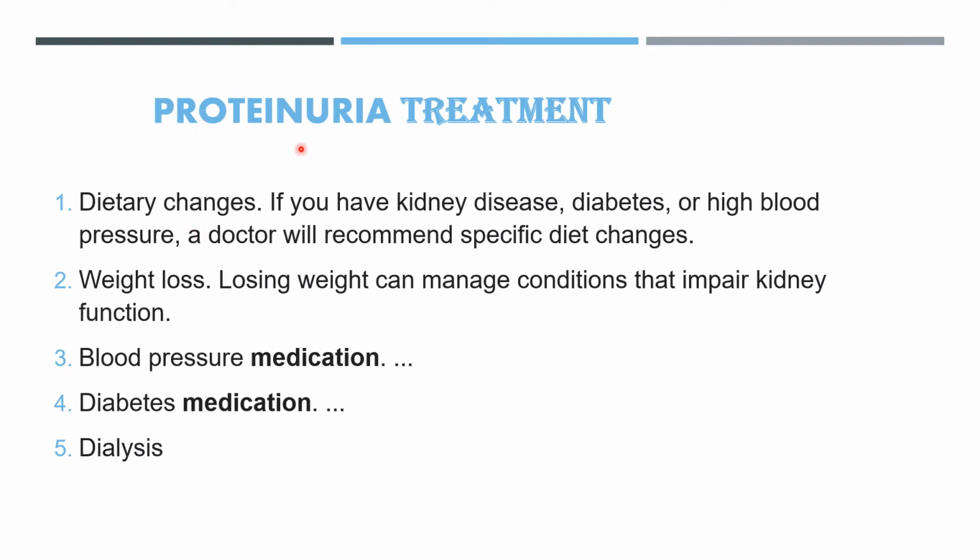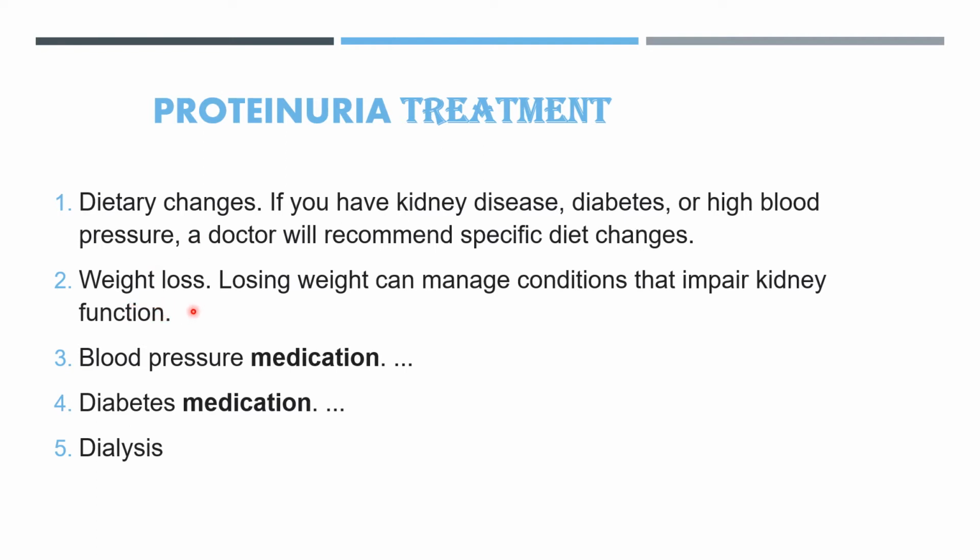If we talk about the treatment of proteinuria, it includes dietary changes. We need to change our diet if we are suffering from proteinuria. If one has kidney disease, diabetes or high blood pressure, a doctor will recommend specific diet changes and the patient must follow a specific diet according to the doctor's recommendation.